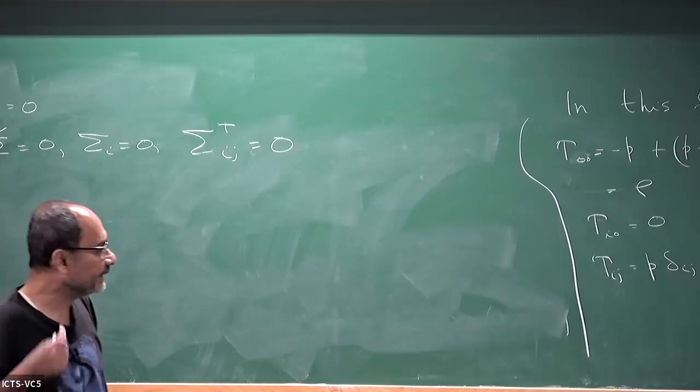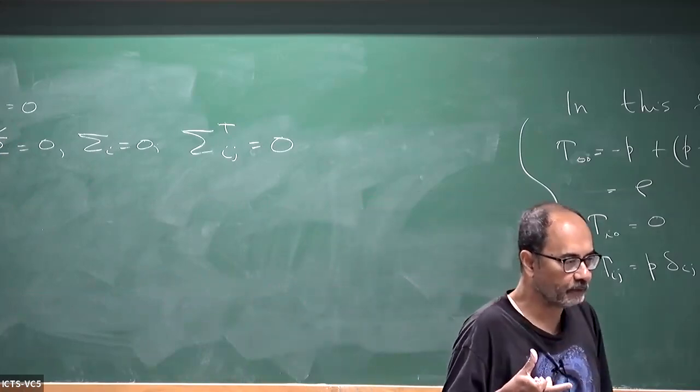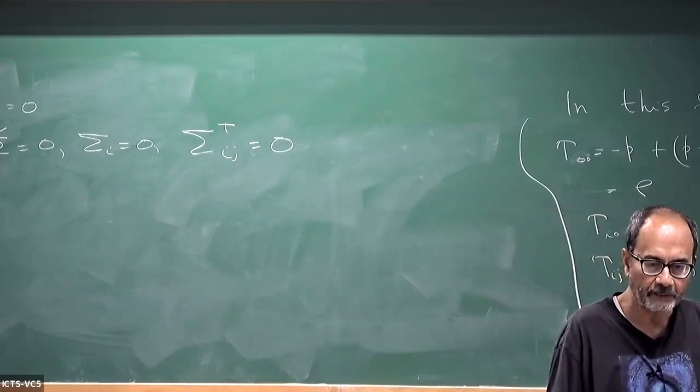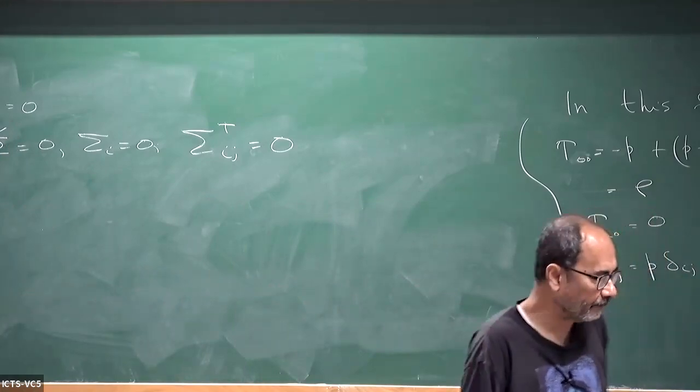Okay. So this eliminates one variable, right? But we had two extra variables. We had 4 equations, 6 unknowns. So you have to make a further postulate to eliminate another variable.